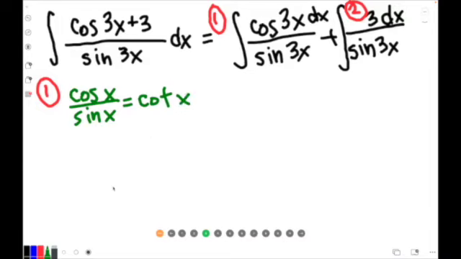So knowing that, we can write this problem as the integral of cotangent 3x dx.